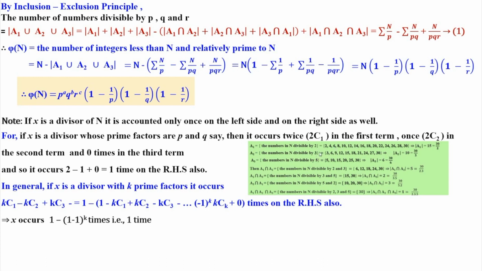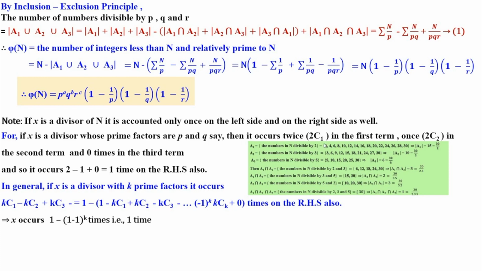So we can see, if we take 2 and 3 in the place of P and Q, those prime numbers occur. In this case you consider the divisor 6.